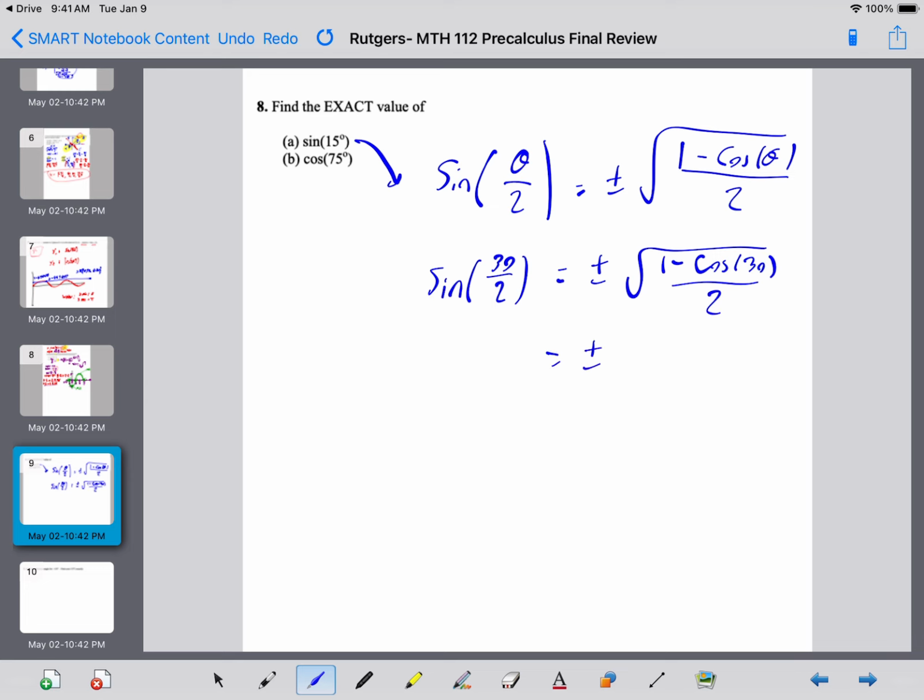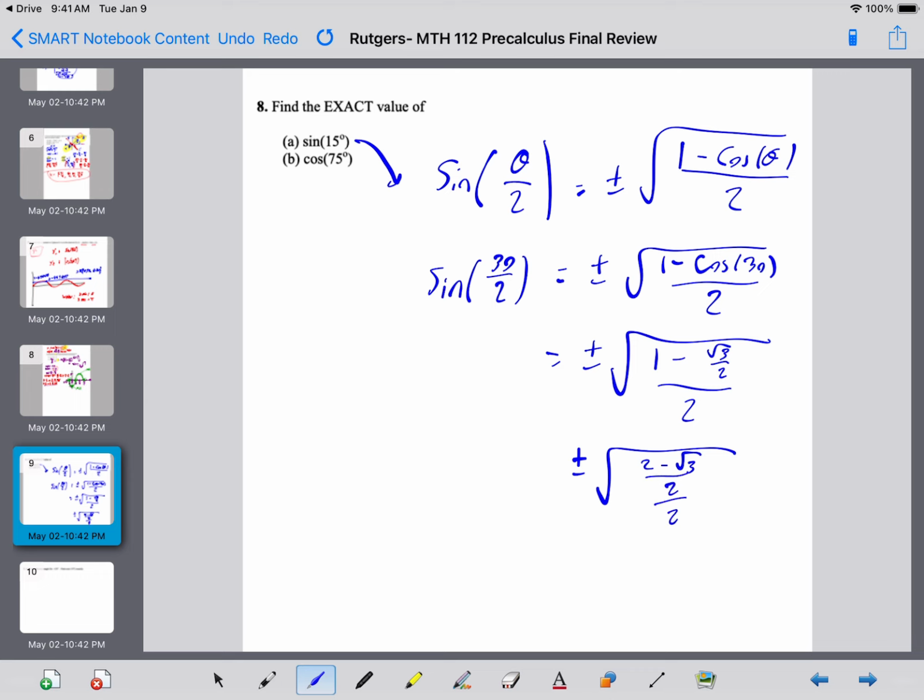On your unit circle, you know that cosine of 30 is square root of 3 over 2, right? So then that would be 1 minus square root of 3 over 2, right? That would be plus or minus the square root of 2 over 2 minus square root of 3 over 2. So 2 minus square root of 3 over 2, over 2.